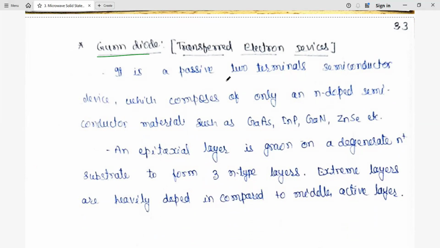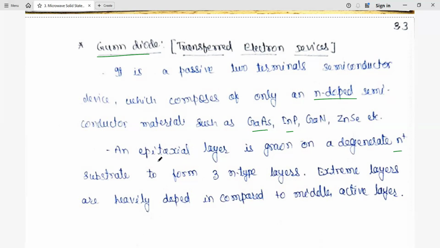So what is the Gunn diode? It is a passive two-terminal semiconductor device, and it has only N-doped semiconductors. It doesn't have P-type, only N-doped semiconductor materials, like gallium arsenide, indium phosphide, gallium nitride, and all these things. Here, a highly doped N plus substrate is taken.